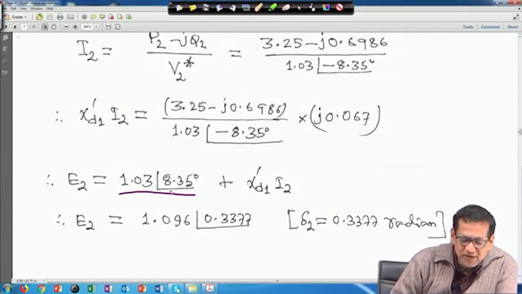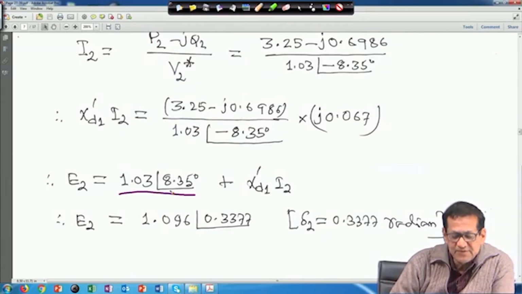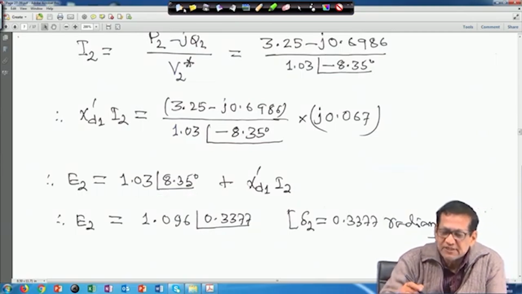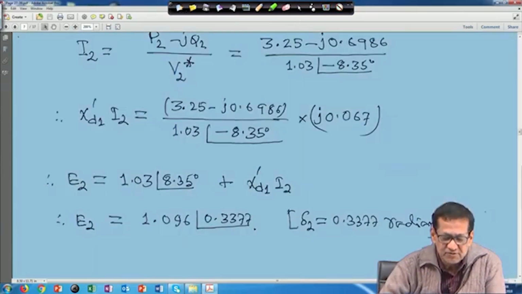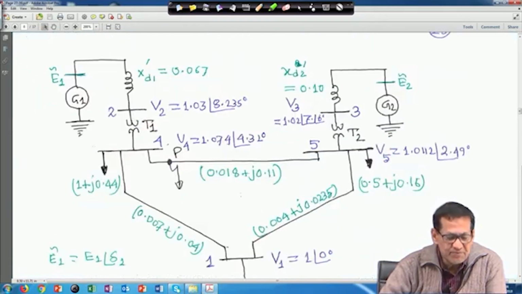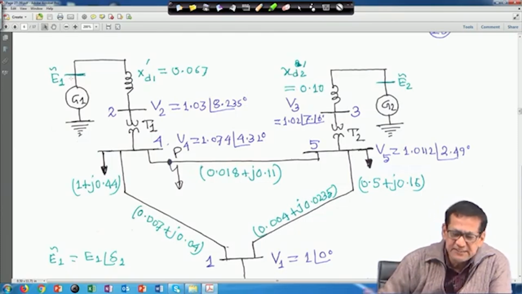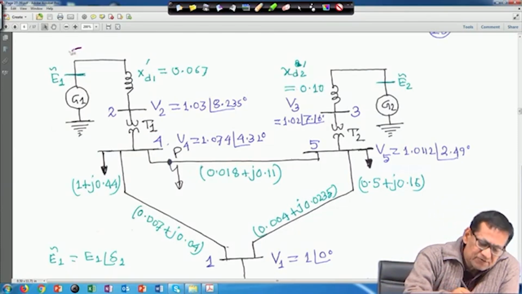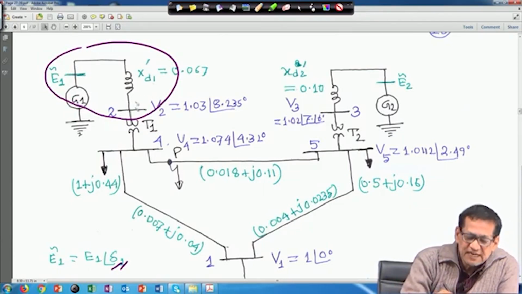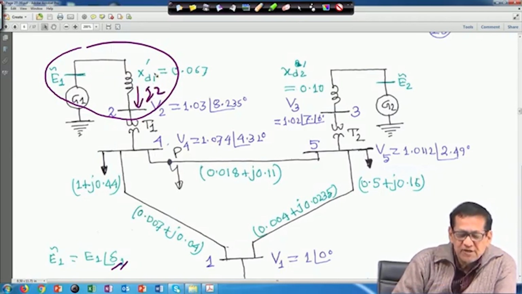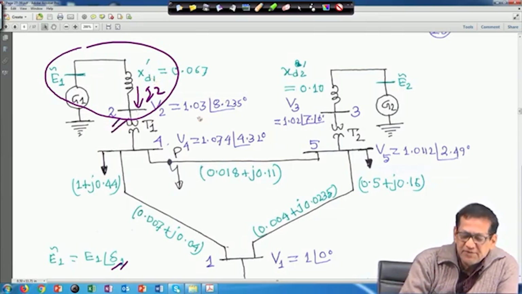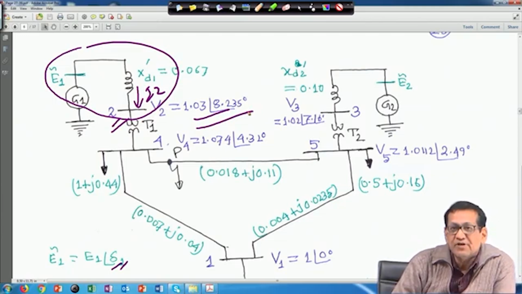that voltage, which is known, 1.03 angle 8.35 degree, this is your V2. If you come back to this diagram, E1 angle delta 1 is equal to I2 into xd1' plus this V2, where V2 is equal to 1.03 angle 8.35 degree.